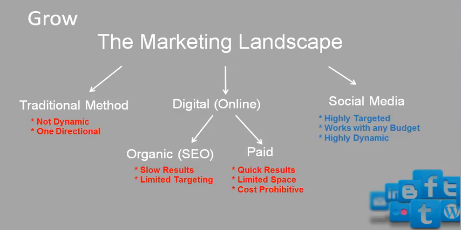The second form of marketing or communication is the digital platform. Most of you may be familiar with this in terms of SEO, search engine rankings, or trying to get your site or your digital presence to the top of Google page one.